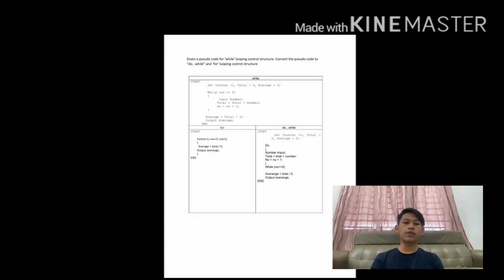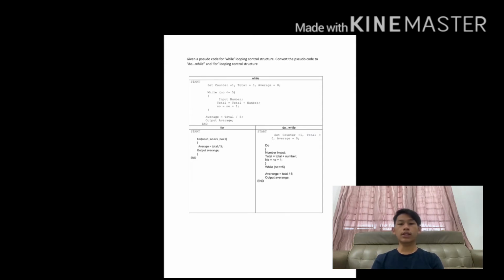For the last question, give a pseudocode for while looping control structure. Convert the pseudocode to the while and for looping control structure. For while, start, set counter equal 1, total equal 0, average equal 0. While number less than 5, total equal total plus number, number equal number plus 1.